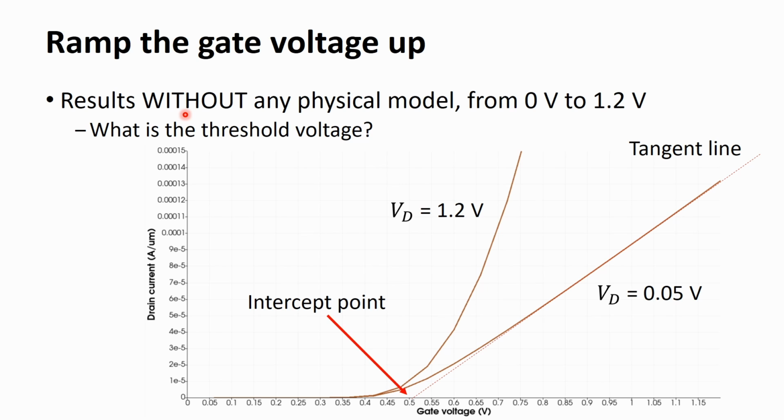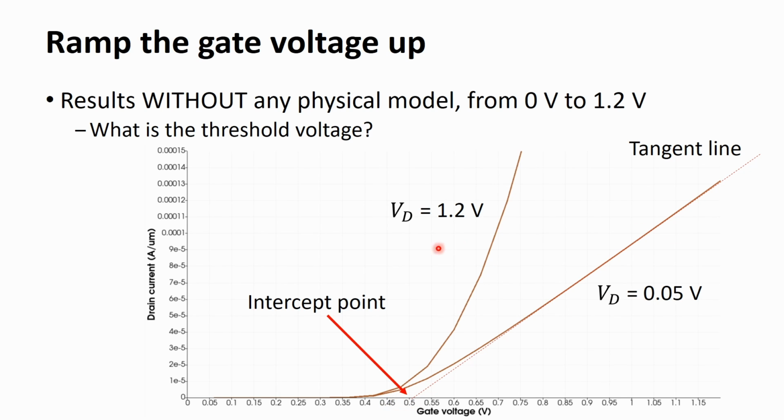It is clearly seen that the drain current beyond the threshold voltage is linear when VD is equal to 0.05 volt. When you recall the drain current in the long channel limit, it is easily understood. The threshold voltage can be estimated by finding the intercept point of the tangent line.